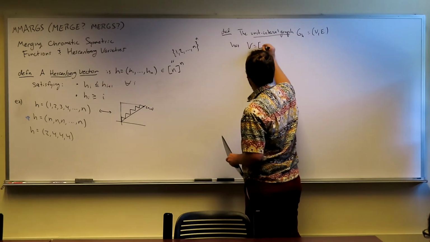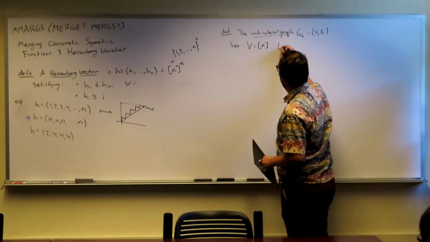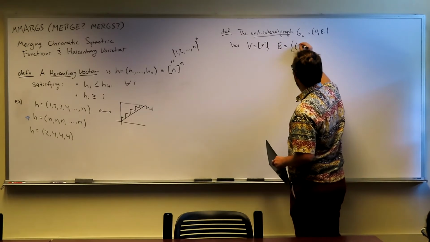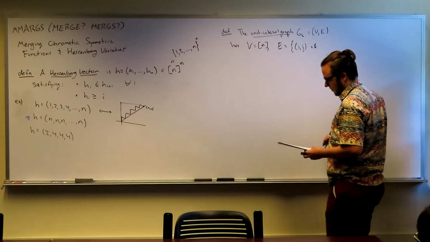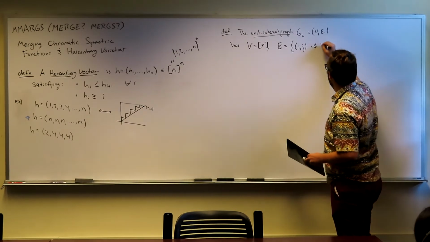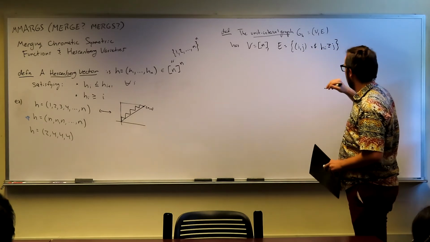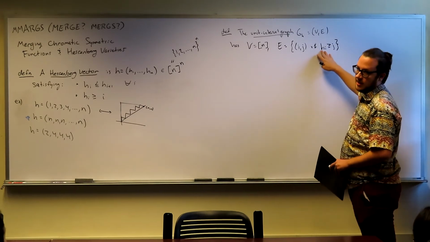The vertex set is again just the natural numbers from 1 through n. And we're going to have an edge from the number i to the number j if h of i is at least j. So h of i tells you which vertices the vertex i connects to.